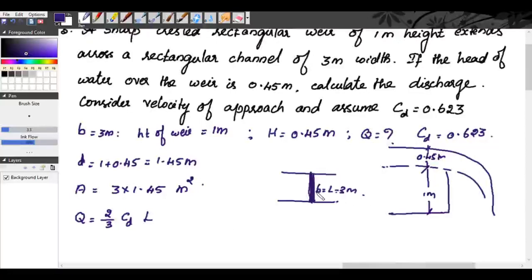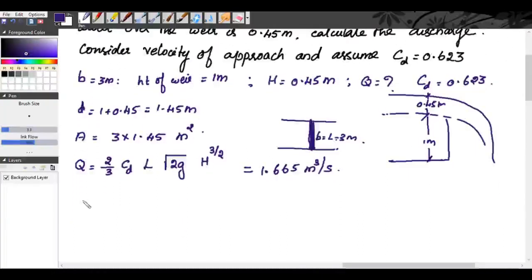So 2 by 3 CD is given as 0.623, L is equal to 3 meter, G is 9.81, H is given as 0.45 meter. So substituting, we get Q is equal to 1.665 meter cube per second.